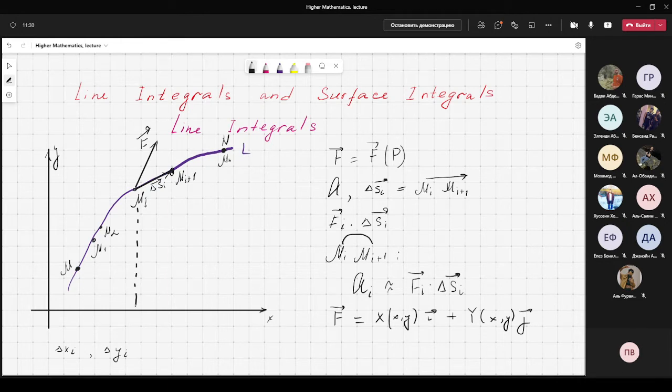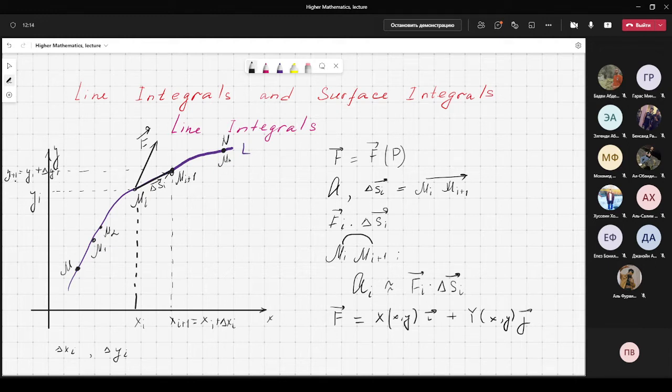It means here x i plus first equals x i plus delta x i. In the same way, y i plus first equals y i plus delta y i.